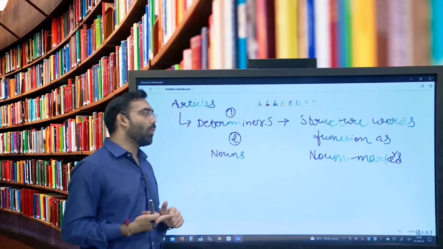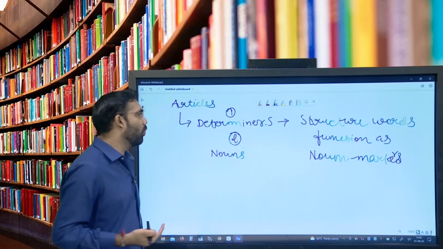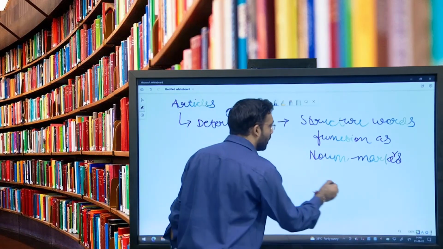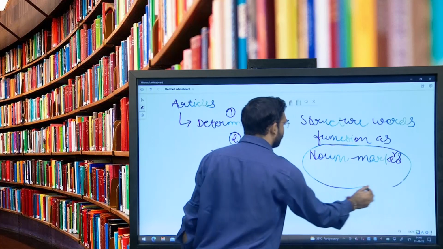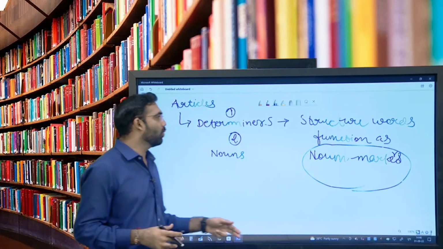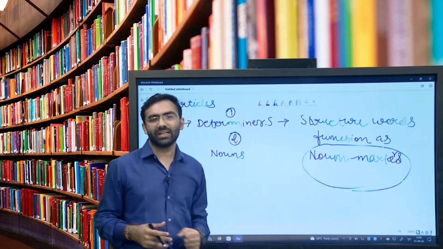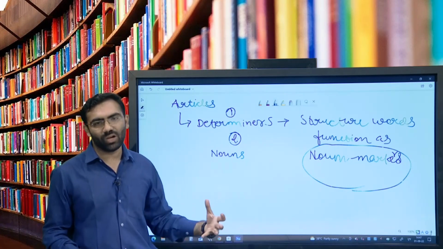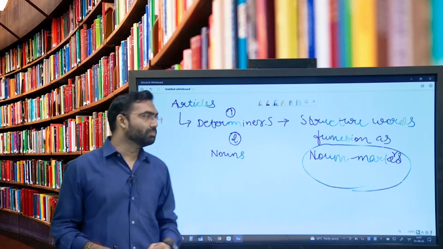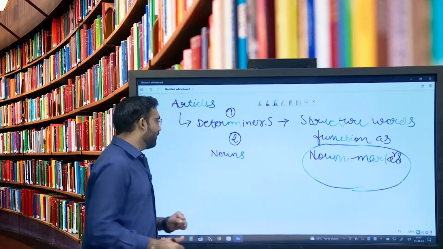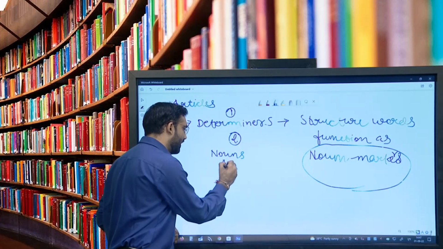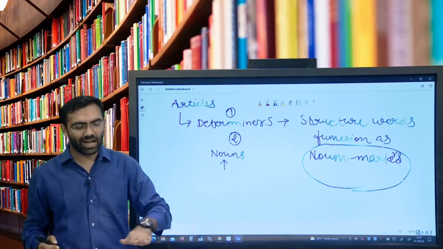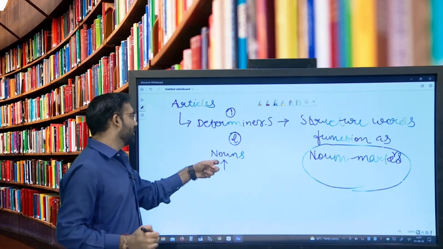Now the question in your mind is, what are noun markers? The ones which show you that there is a noun, the ones which mark nouns, are called noun markers. So the very first thing, the base for articles, is nouns.